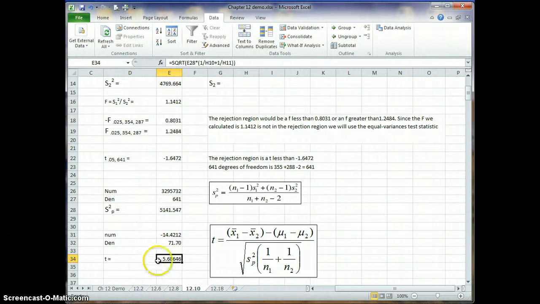Oh, here we go. That should have been not in the t, that should have been in the denominator.